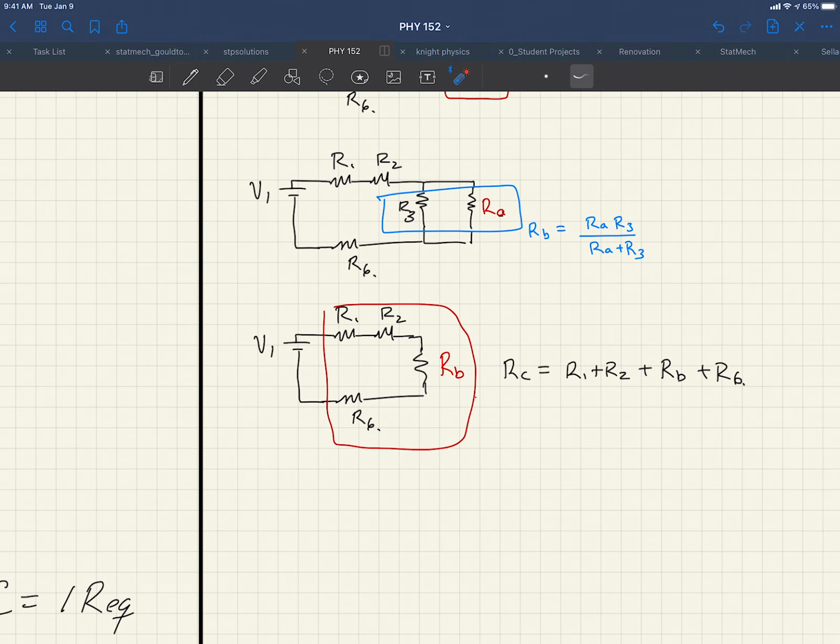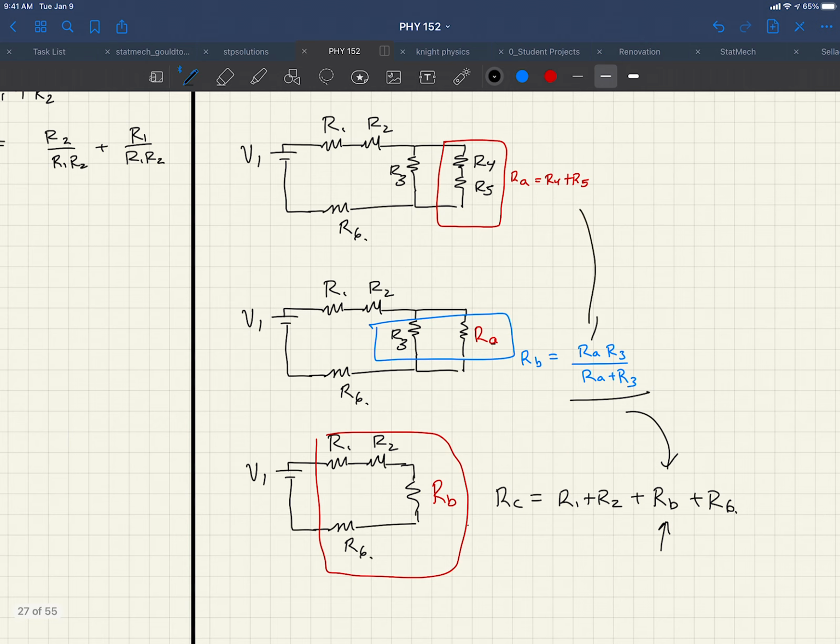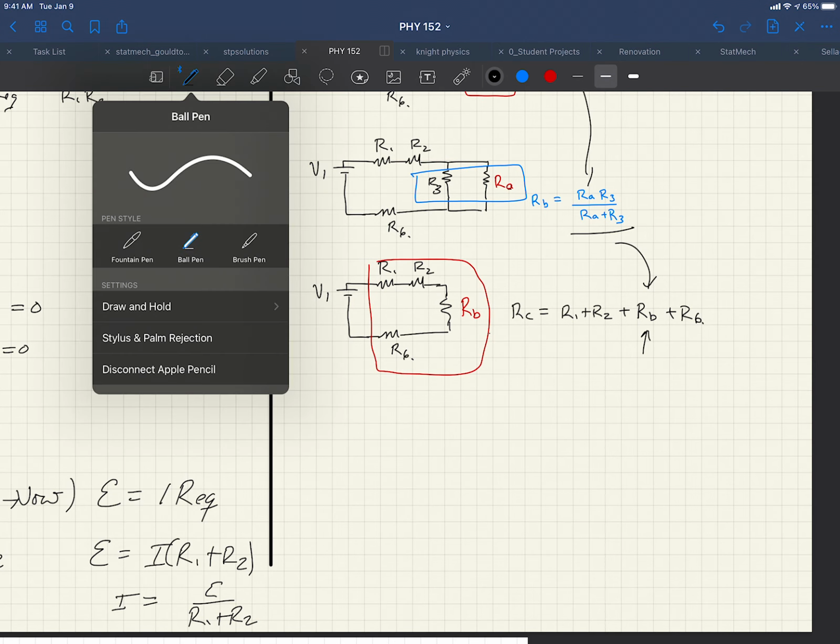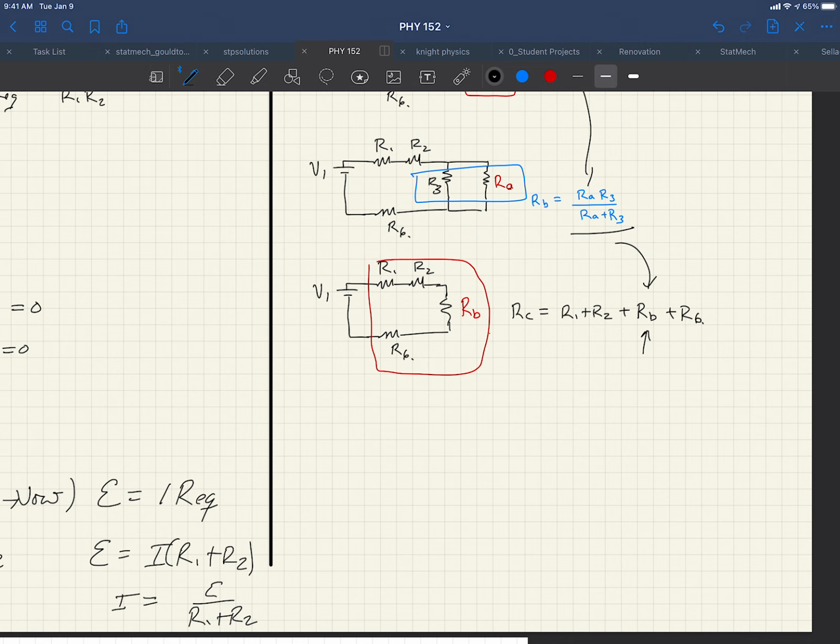So now what do we do? You would go back in and you would plug in whatever RB was, which is going to be this combination of things. You're going to have an RA. What is RA? Well, it's that thing right there. This is going to be messy, but it's doable. What would you do after you knew RC? Well, after you knew RC, you would say that, look, I have this circuit with RC.